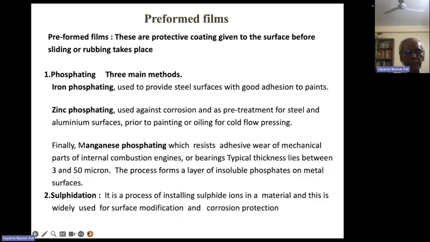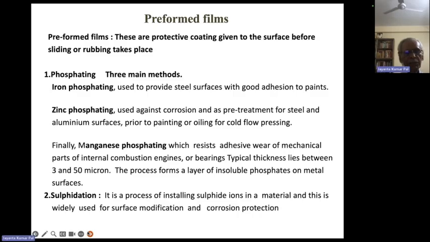Now, there are many different types of protective coating, but here we'll discuss only a few. Phosphating, firstly, then sulfidation, and then chromium plating, and then ion implantation. As I say, there are many other types of coating, but we'll restrict our discussion to only these four.